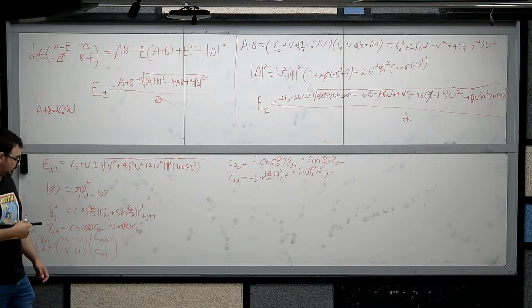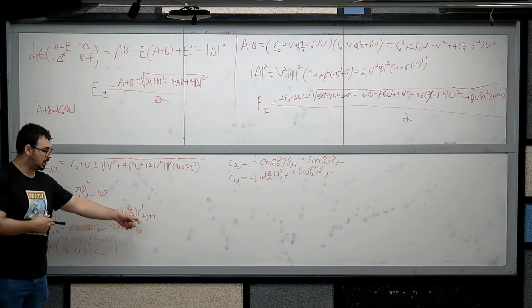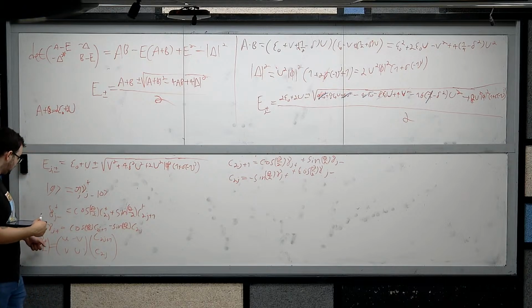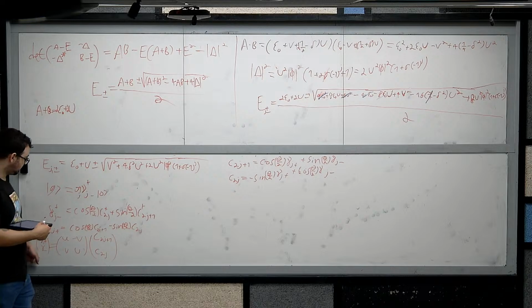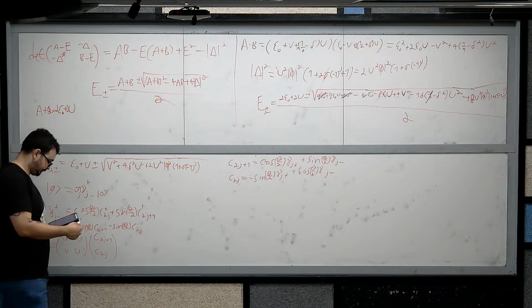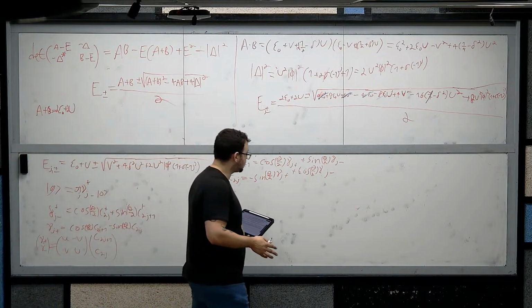In the Bogoliubov term, we had the mixing between creation and annihilation, so we needed a creation operator in one of them. But here we don't have the mixing, so we can define everything with an annihilation term, which is much simpler in my opinion.